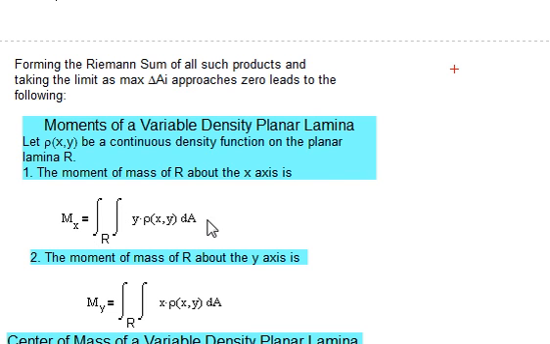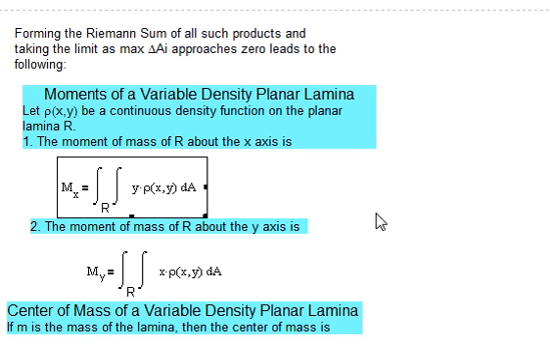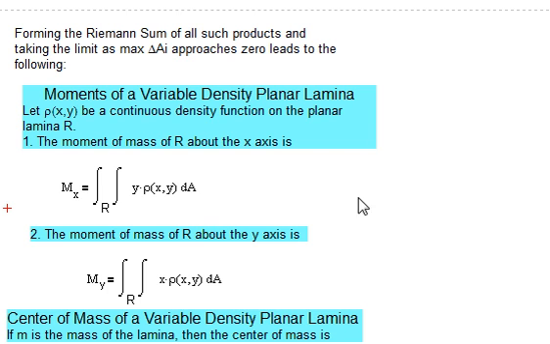You have the double integral dA, and then this is y, the distance from the x-axis, of any particular point, times the density at that point, rho of x, y. So that's what makes up the pieces of the moment about the x-axis.